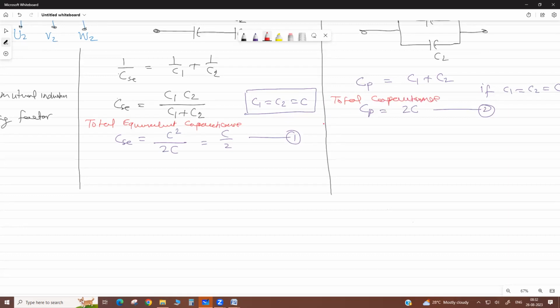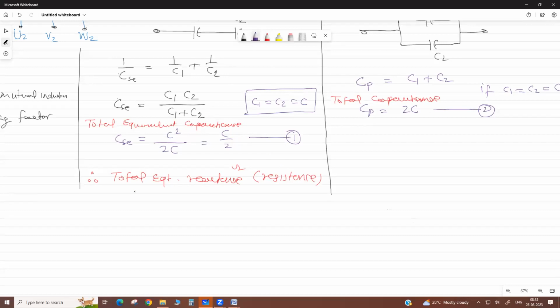Now we come to the total equivalent reactance of this circuit. Reactance means resistance, because the unit of reactance is also ohm, and resistance is ohm.